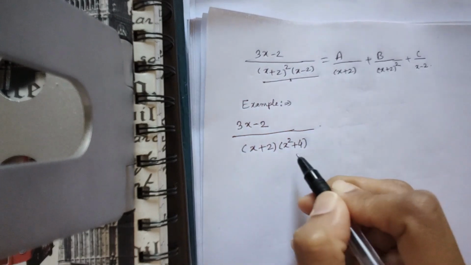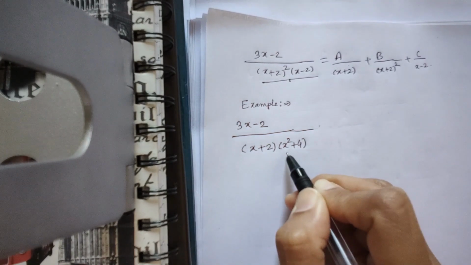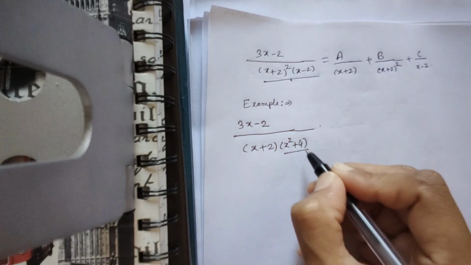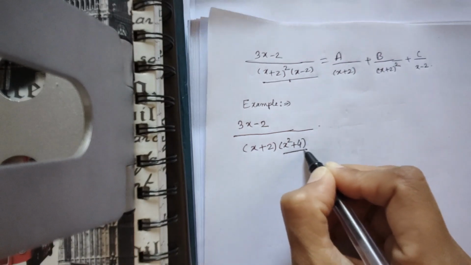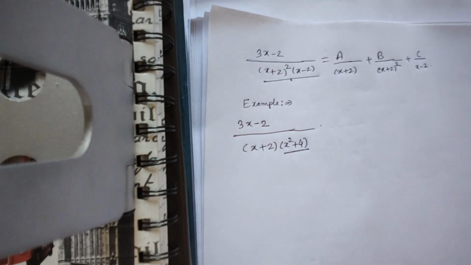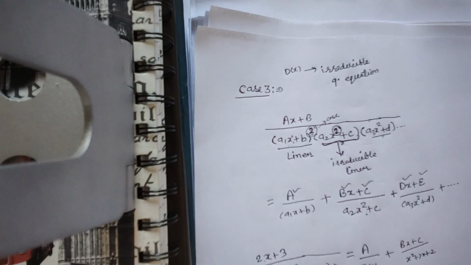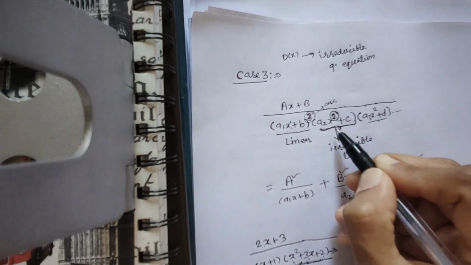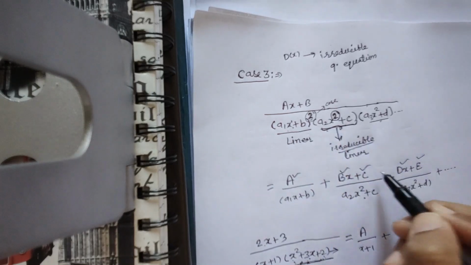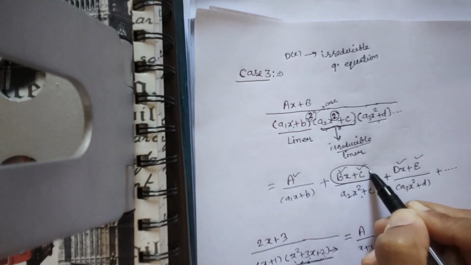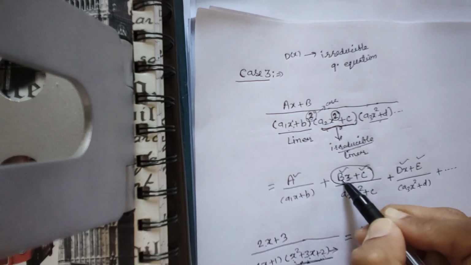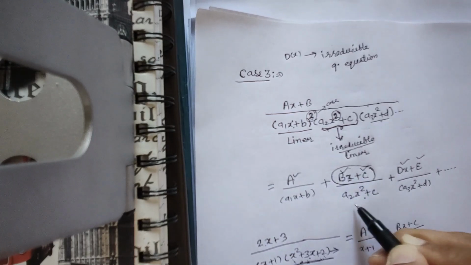The second bracket is an irreducible quadratic expression. So I need to find the partial fraction using case 3 that we have discussed here. And what is case 3? If I have an irreducible quadratic expression here, I need to find constants this way. This x term is additional there, so I need to find b and c for one term.